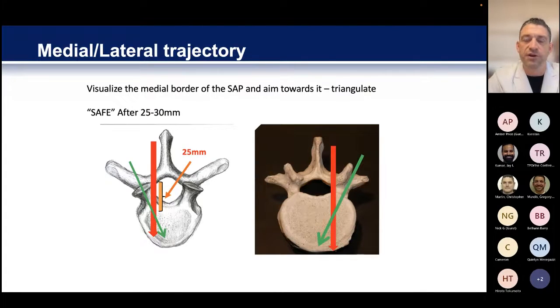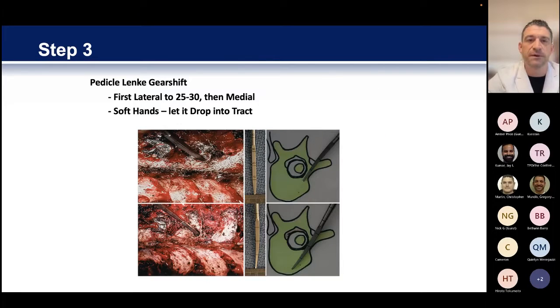And so if you're triangulating towards that medial border of the SAP, you'll pretty well put your screw in a good medial lateral trajectory, and that's kind of what we're talking about here. And typically, most gear shifts are marked for depth, so you know if you're in 20 or 25 or 30. Just realizing that after about 25, you're in pretty good shape.